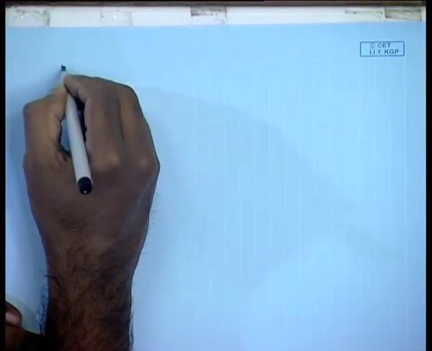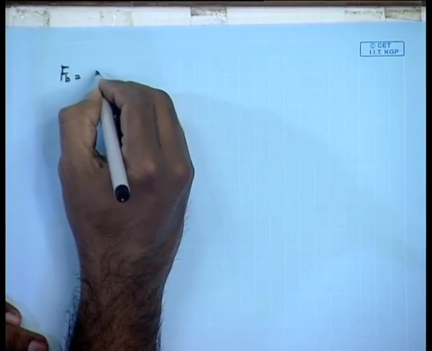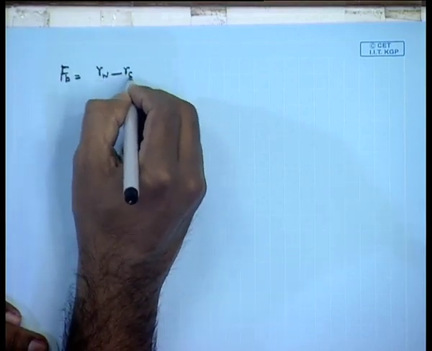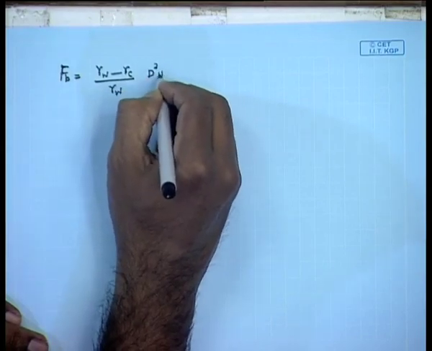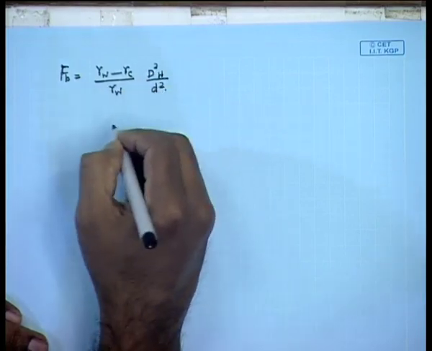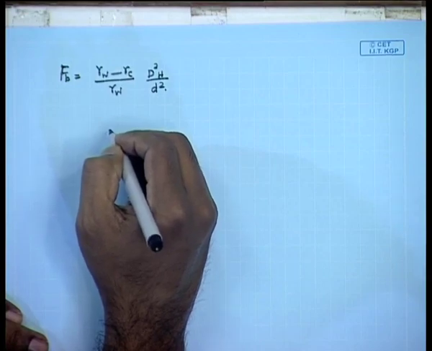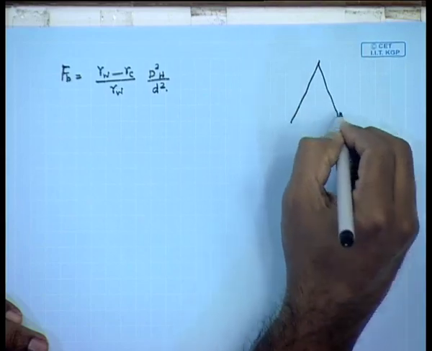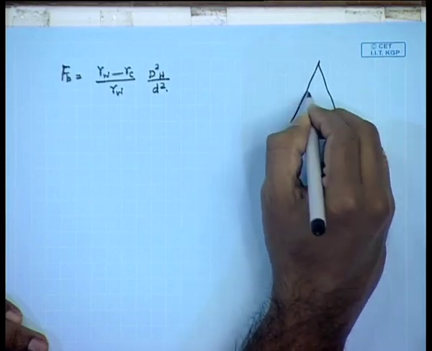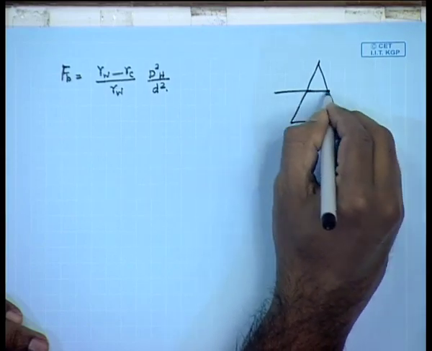So, from this we get FB is equal to, just by doing some arithmetic on the previous equation, gamma w into d square h by d square. Now, if you apply the similarity theorem, this is how we have here, this is the water line.